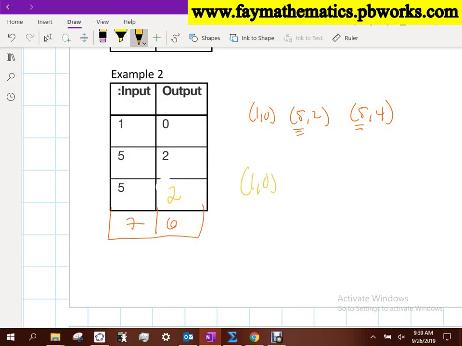So I've got (1, 0), (5, 2), (5, 2), (7, 6). And showing this example, I just want to make sure that we understand, just because the 5 repeats as an x, that is not the process to determine whether this thing is a function or not, right? The process is, does the x repeat with a different y value? And in this case, no, it doesn't. So that would represent a function. That would pass the vertical line test.